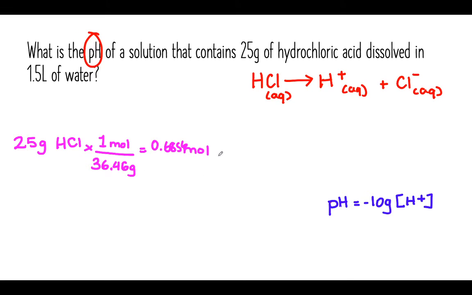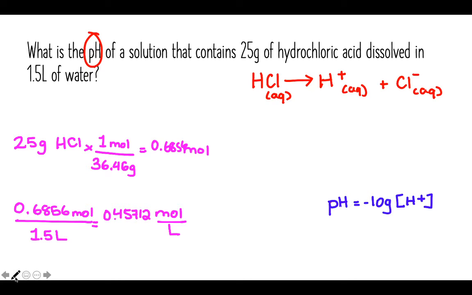So I've got my value in moles here, and I need to find the concentration, which is moles per liter. I would take my value of 0.6856 moles and divide it by the volume that's also given in this question. If I do 0.6856 moles divided by 1.5 liters, I will get 0.45712 moles per liter.